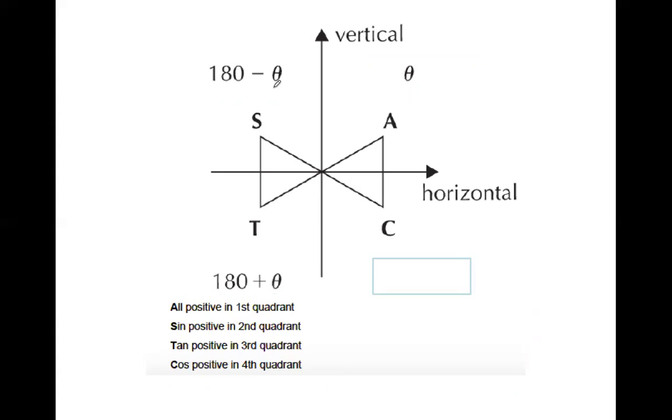Tan is positive in third quadrant. And cos is positive as well in all and fourth quadrant. And once you find the theta angle, remember this is 180, so 180 take away, 180 plus, and this is 360 take away the angle.